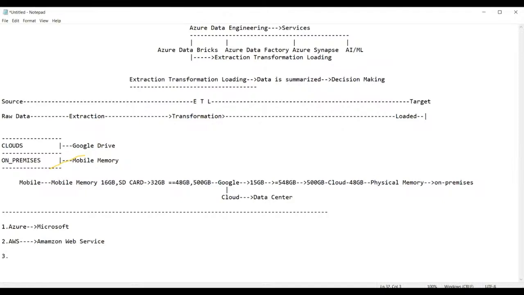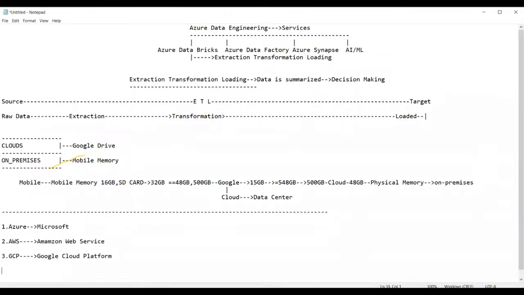And the third one is Google's GCP, which stands for Google Cloud Platform.